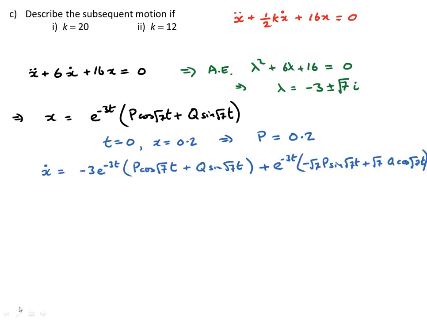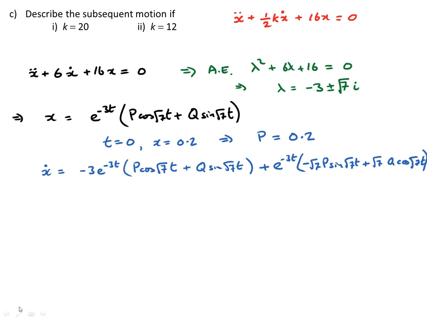I've got dx by dt is minus 3 e to the minus 3t times by p cos root 7t plus q sine root 7t plus e to the minus 3t times by minus root 7p sine root 7t plus root 7 times q cos root 7t.